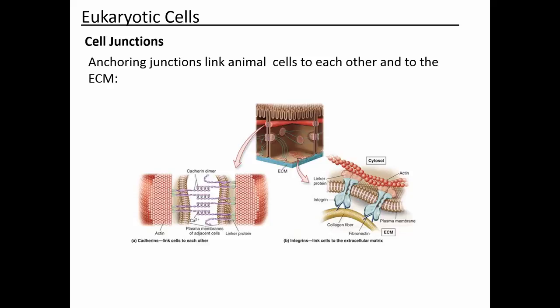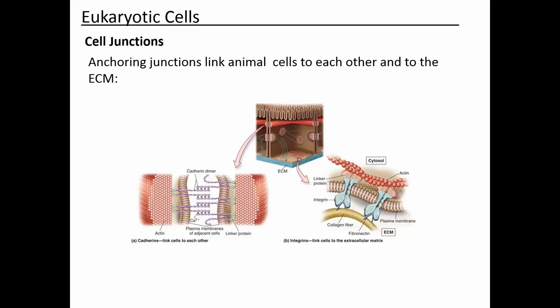And this is just showing you integrins. So integrins would have three domains. Again, they would have a part embedded in the plasma membrane, and then a part that's on the outside of the cell. In the case of integrins, the outside part of the protein binds to some part of the extracellular matrix. So this is not something you have to remember for this class, but you may have heard of collagen before. Collagen is a part of your extracellular matrix.